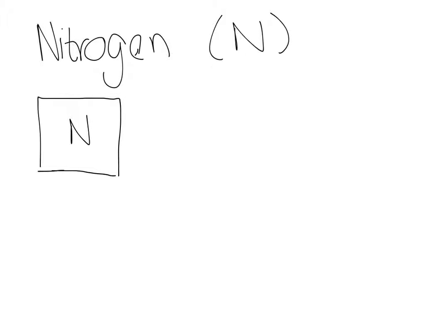It looks like this. Okay, so how do we know our number of electrons? Well, it's the same as the number of protons, which is equal to the atomic number. So I have 7 electrons. Okay, so I'm going to need to put 7 electrons in my shell.